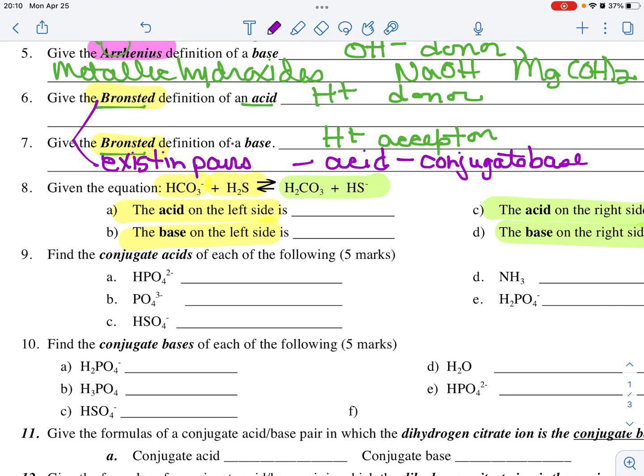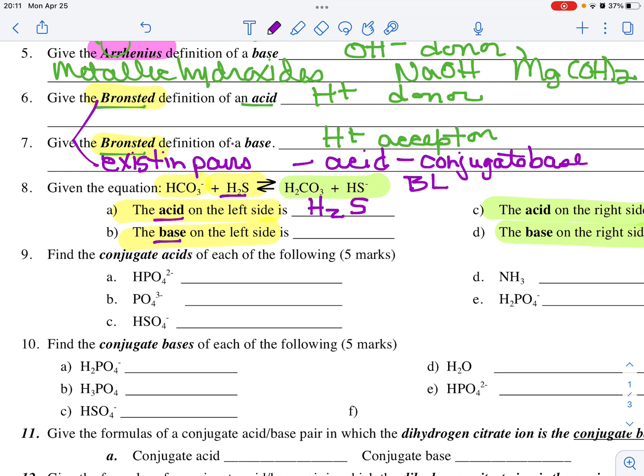Looking at the two species that I have in yellow, we're going to identify which is the acid and which is the base, under the Bronsted-Lowry definition. The acid on the left, you can pause now if you want while you think about it, will be H2S.